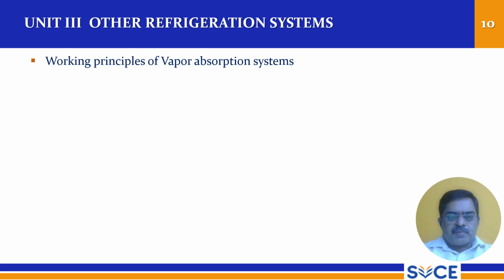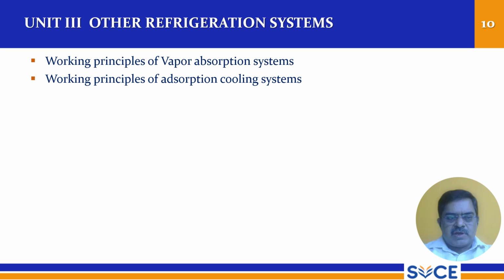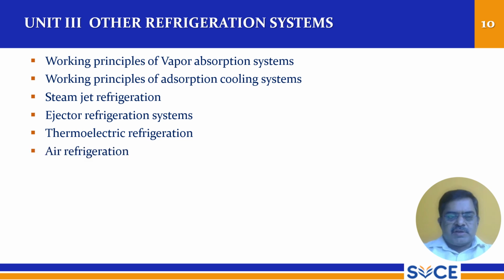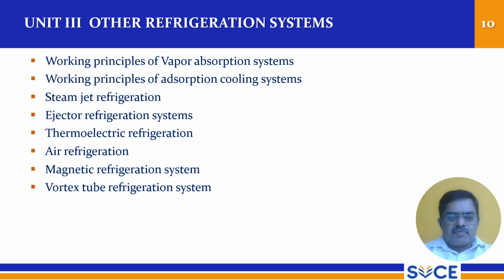Working principles of vapor absorption system: earlier we saw vapor compression, and here we are going to see the vapor absorption system, the working principles of absorption cooling systems, and then steam jet refrigeration, ejector refrigeration systems, thermoelectric refrigeration, air refrigeration, magnetic refrigeration, vortex tube refrigeration system and pulse tube refrigeration system.